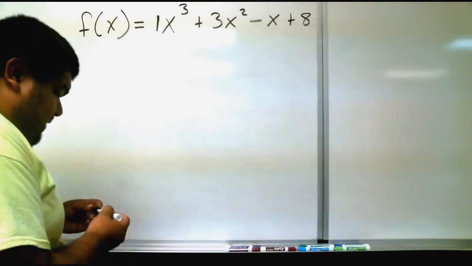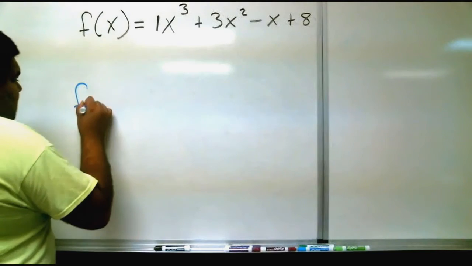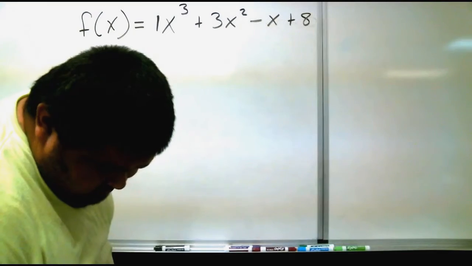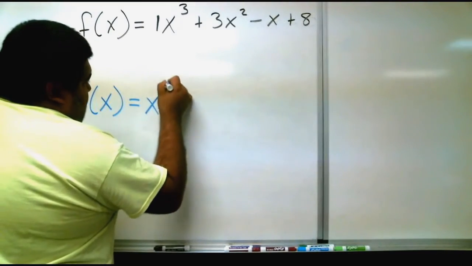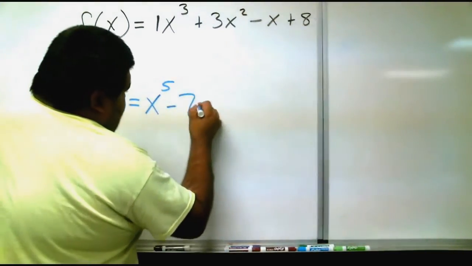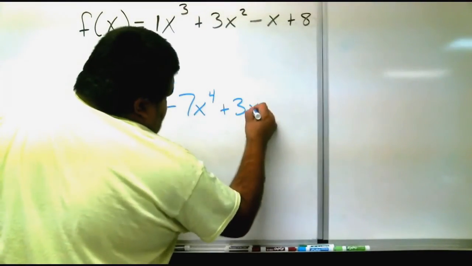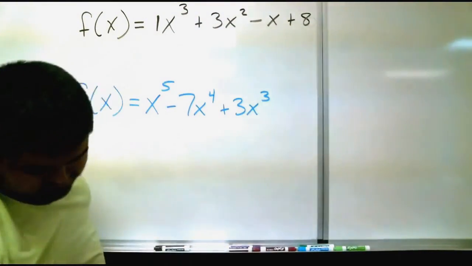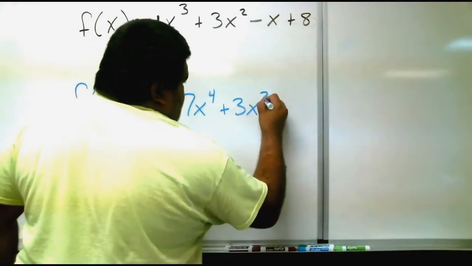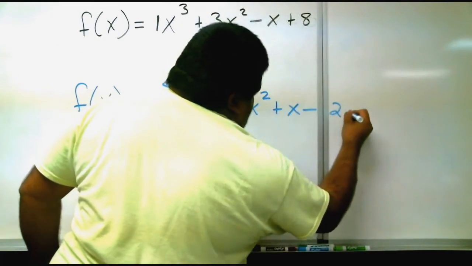Your second problem is f of x equals x to the fifth minus 7x to the fourth plus 3x to the third, or to the second, my bad, to the second, plus x minus 20.